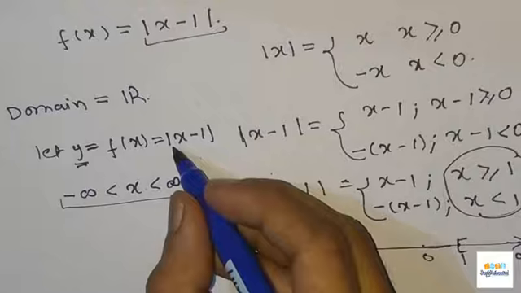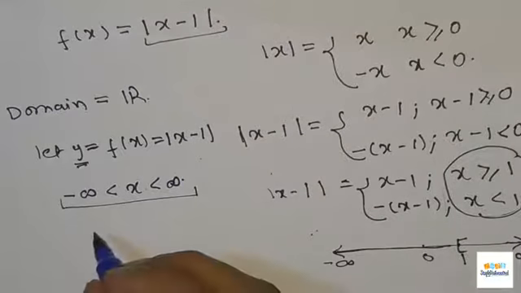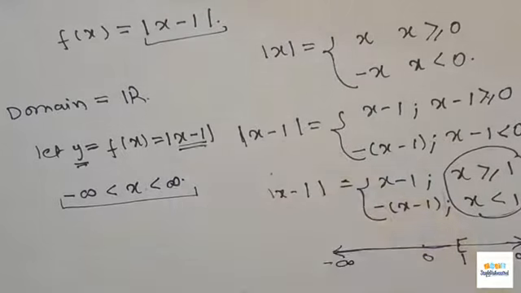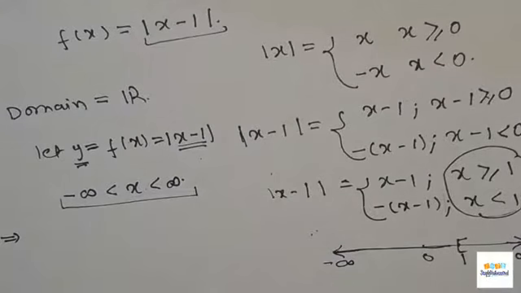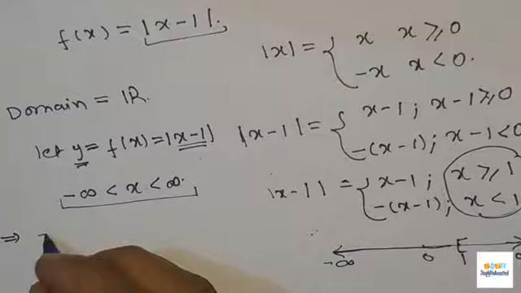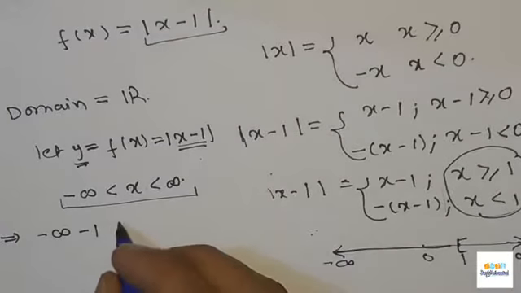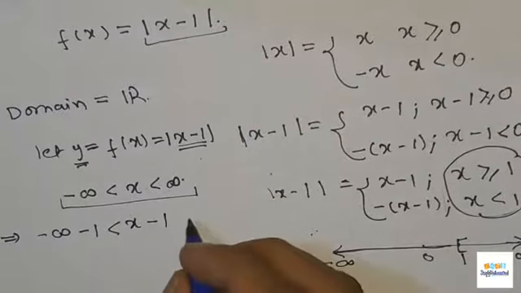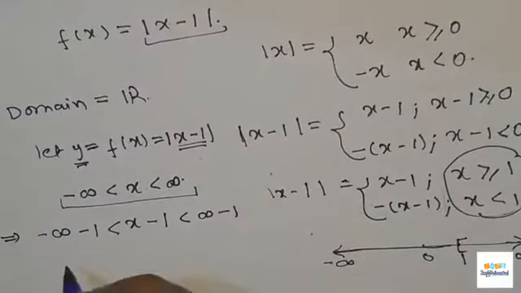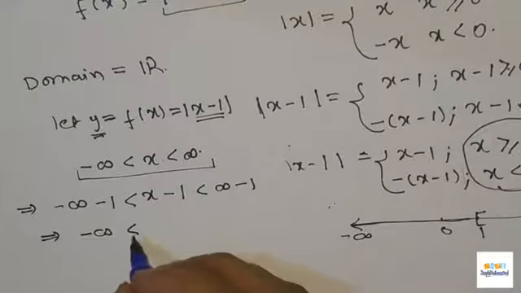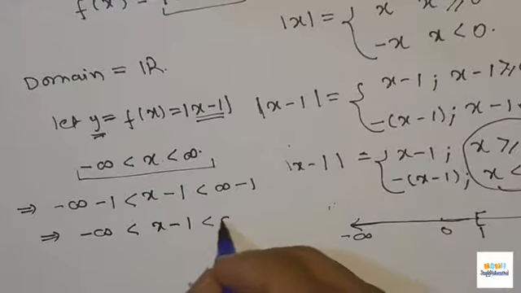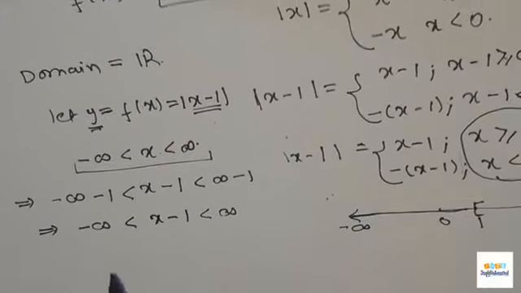So now you have modulus of x minus 1 here, and modulus has x minus 1 inside it, right? So we have to subtract 1 throughout the inequality. So what you will get? Minus infinity minus 1 less than x minus 1 less than infinity minus 1. So that means minus infinity is less than x minus 1 less than infinity, right?